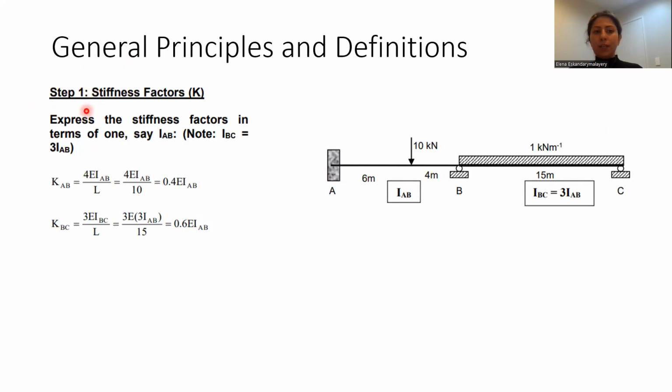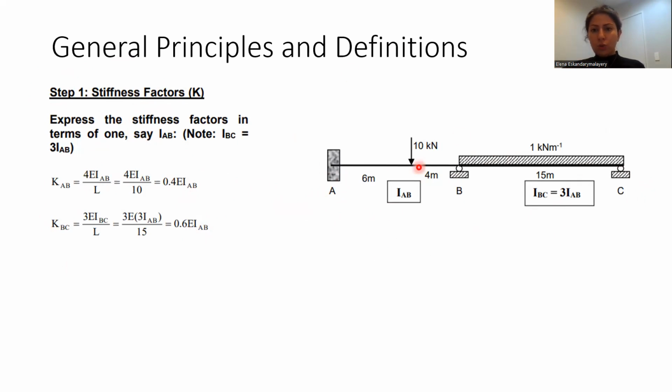First step is to find the stiffness factor for each member at each joint. We are not calculating the stiffness factor for A and C because they're always the same, and we always use them to calculate the distribution factor.